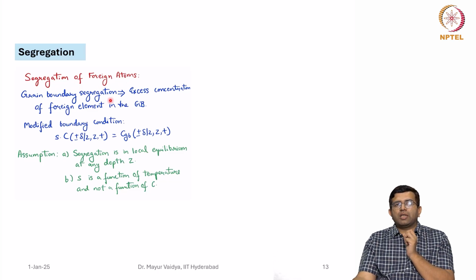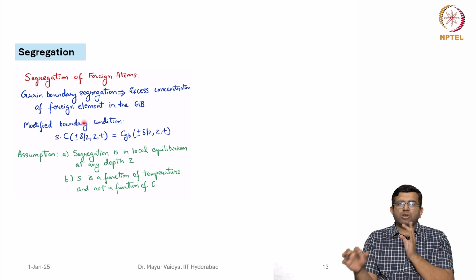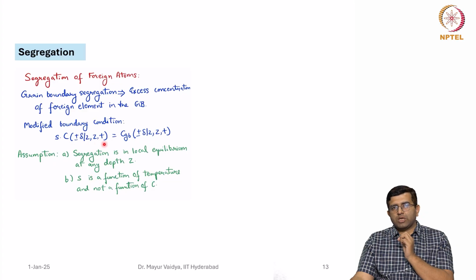Segregation means that excess concentration of foreign element can be there in the grain boundary. So, in that case, the boundary condition is modified as S into C of plus minus delta by 2, z comma t is equal to CGB of plus minus delta by 2, z comma t. This S is known as the segregation factor.